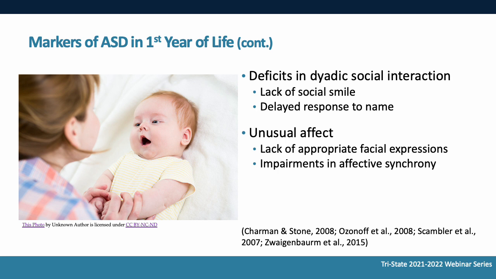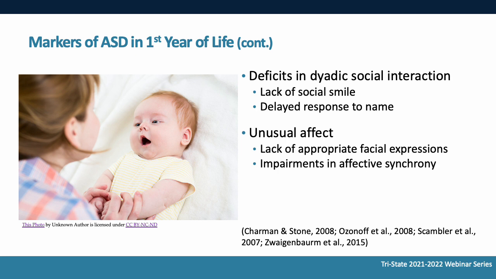In general, within the first year of life, you may see some limited dyadic social interaction behaviors. What we mean by that is face-to-face kinds of interactions that adults often do with babies when you make noises and they make noises back, or you make faces and they copy them. We tend to see diminished social smiles, restricted range, or used less frequently in children who later on we identify with autism.